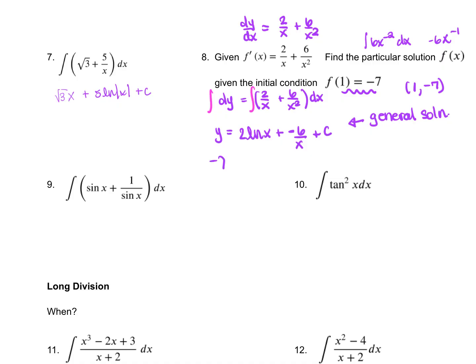So negative 7 is equal to 2 natural log of 1 minus 6 over 1 plus c. We know the natural log of 1 is, of course, 0. So I'm going to get that c is negative 1. So then our solution would be 2 natural log of x minus 6 over x plus a negative 1.